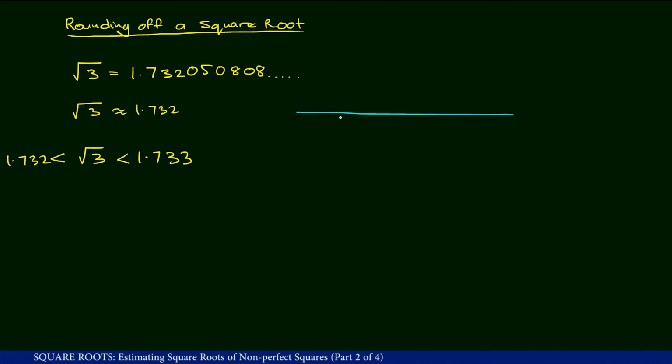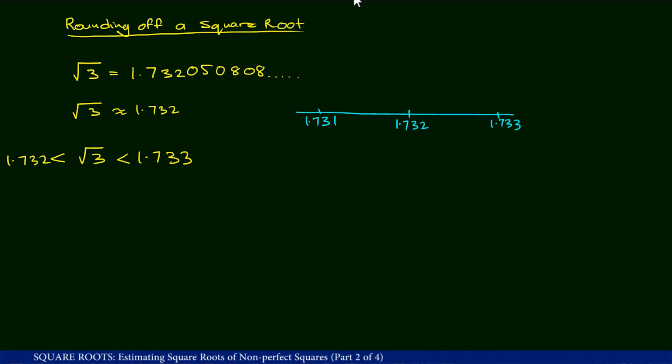Let's say this is a number line that displays, for the sake of example, 1.731, 1.732, and 1.733.